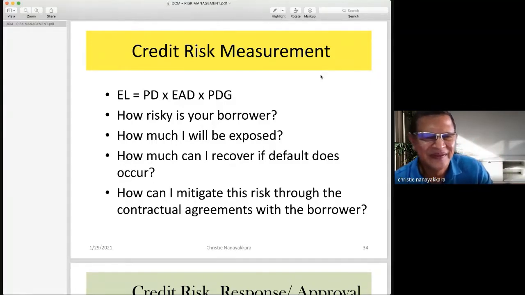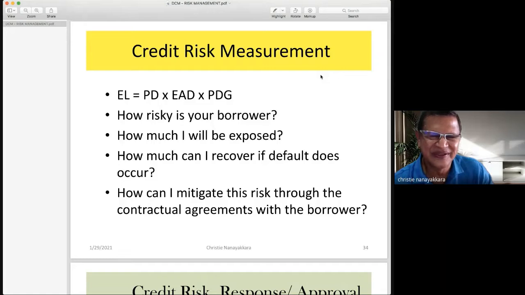They also want to know, if he defaults, how much the bank will be exposed, and if default occurs, how they can recover this money, and to avoid having a default situation or NPA, what mitigation they can take.